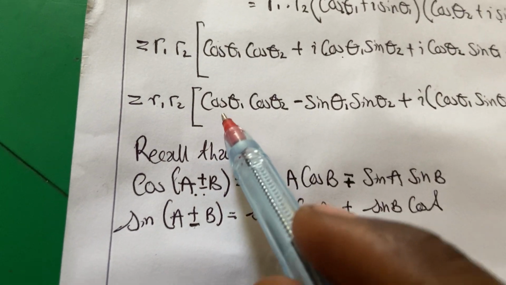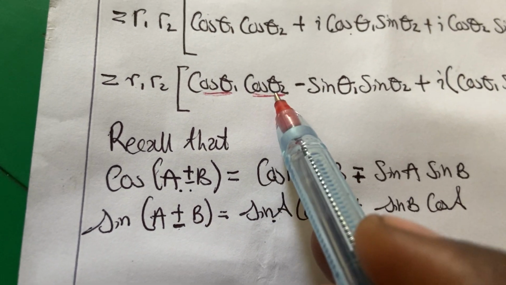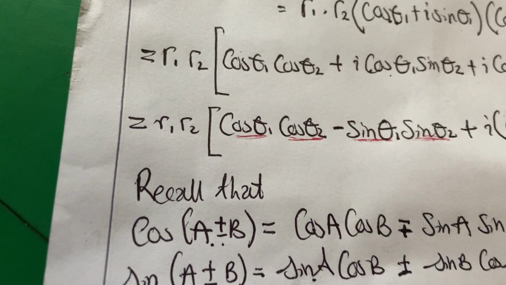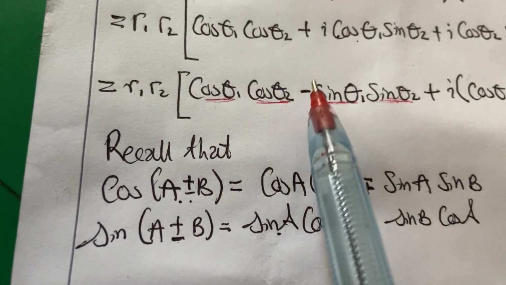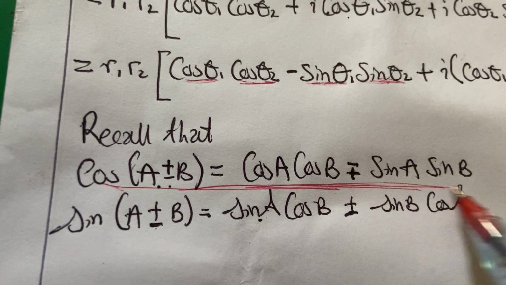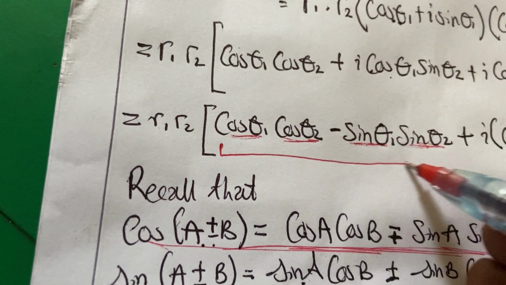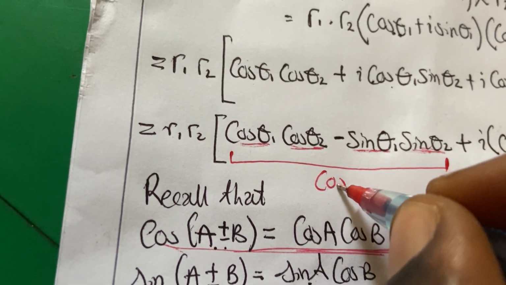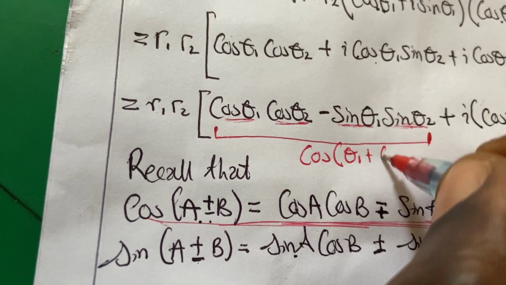Now we're seeing cos theta 1 cos theta 2 minus sine theta 1 sine theta 2. Which of these is applicable to this? I believe it is this, right? So everything here can be simplified as cos theta 1 plus theta 2.